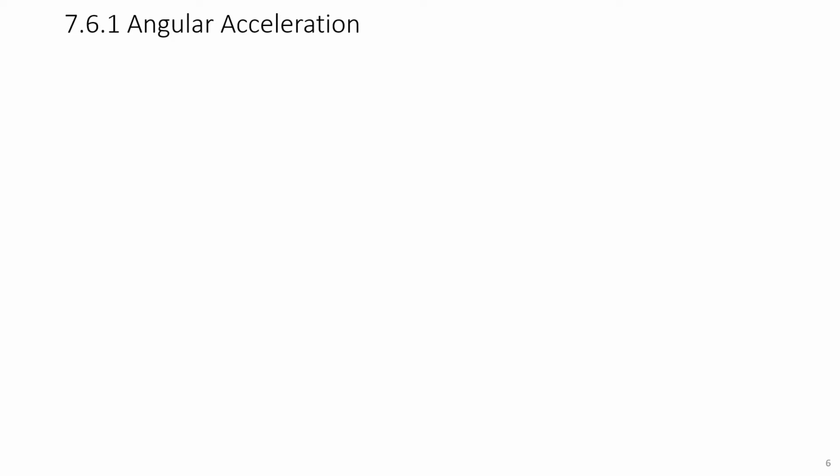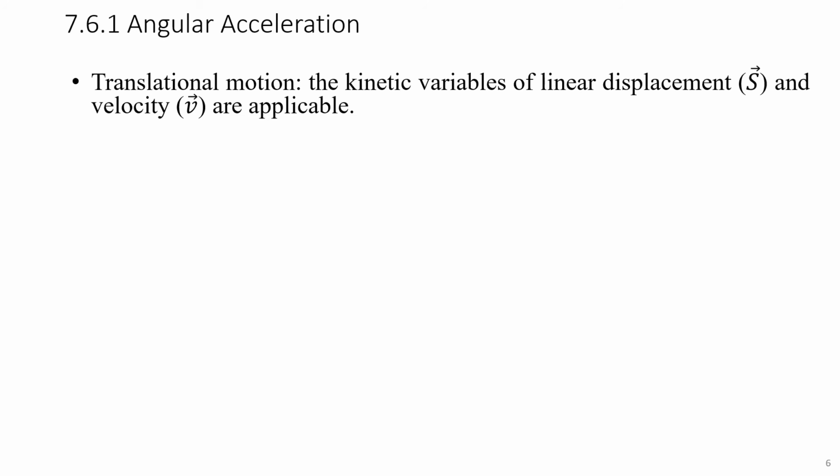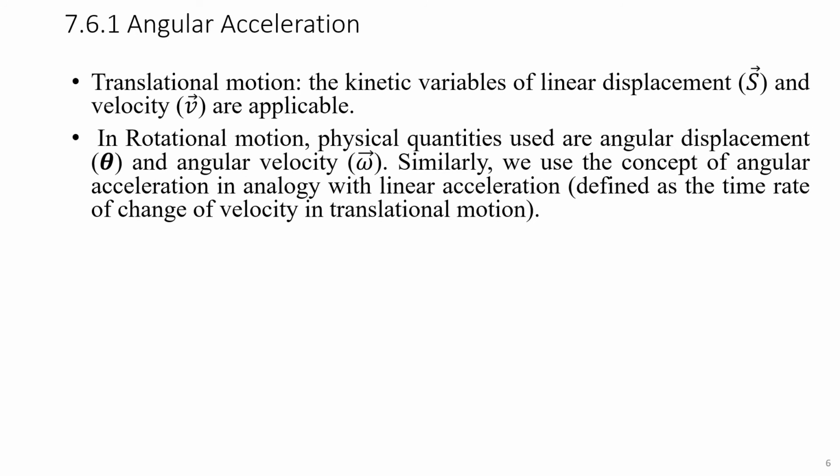Angular acceleration. You are all familiar with the kinematic variables of linear displacement and velocity vector in translational motion. In rotational motion, we use physical quantities such as angular displacement theta and angular velocity omega. Both are vector quantities.